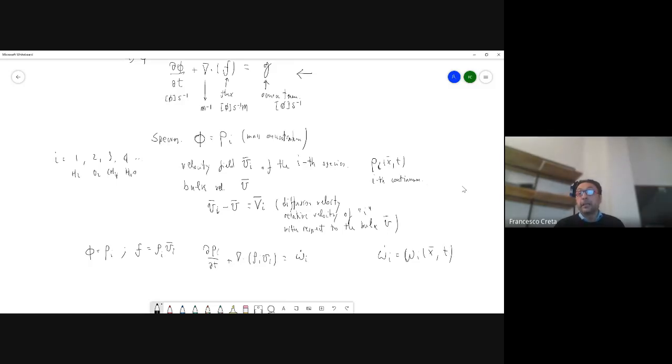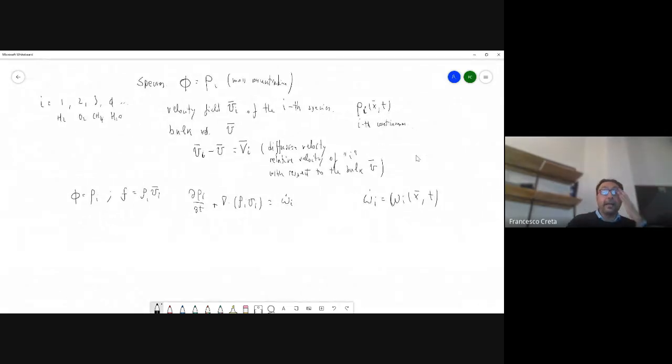And clearly this is the result of many reactions involving species I, all of the reactions involving the species I. So this is how you write it. But again, we don't really know what this V I is.